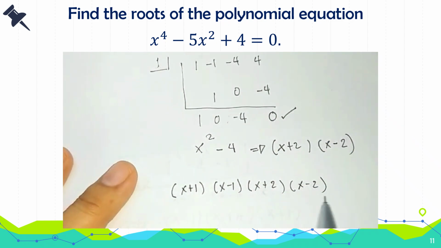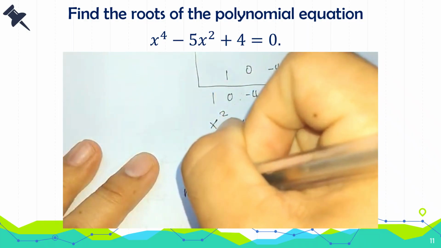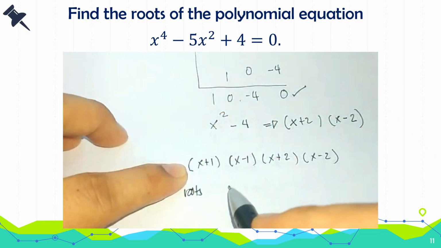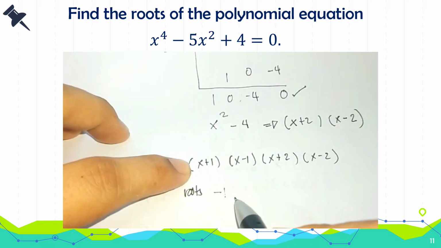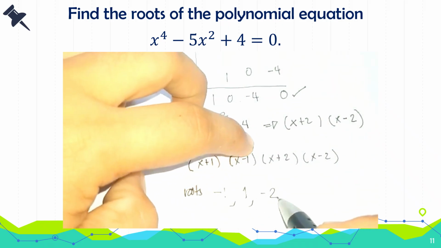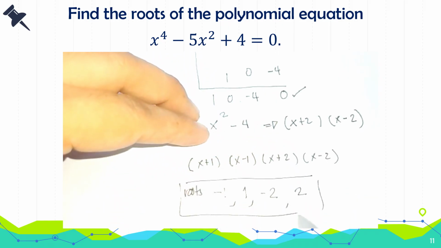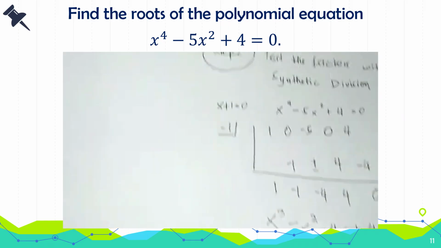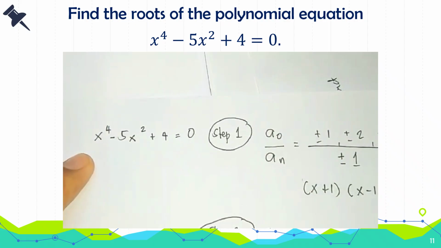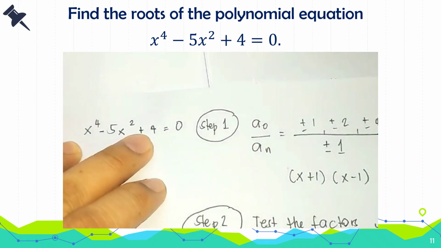These are the factors, and for the roots, we will have negative 1, positive 1, negative 2, and positive 2. So, these are the roots of our polynomial x raised to 4 minus 5x squared plus 4.